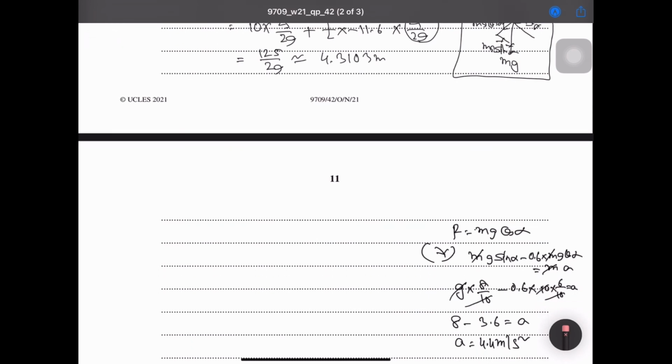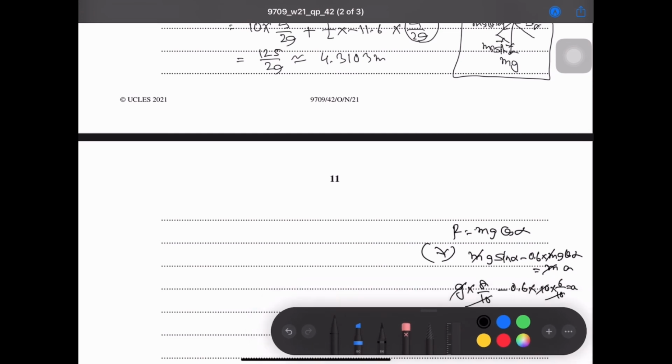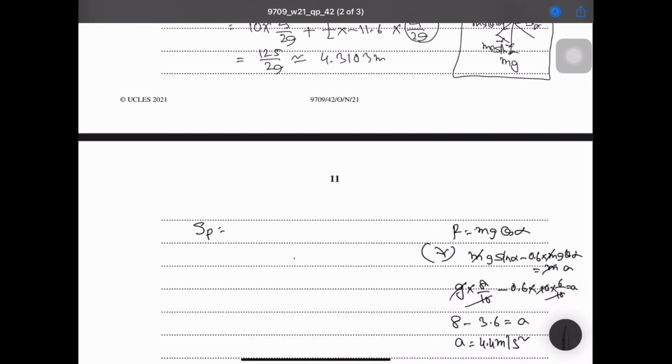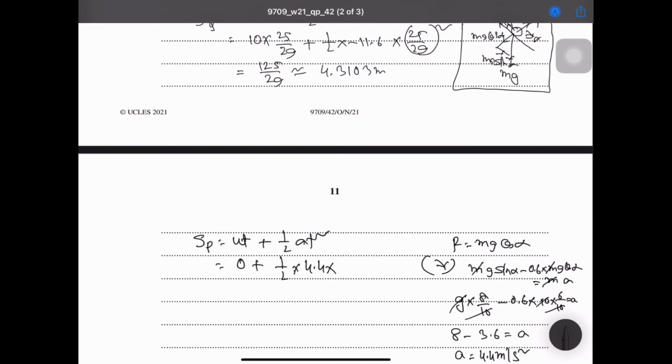So SP equals ut plus half at square. It's starting from rest, so u is 0, t is given, so this part will be 0. Half, its acceleration is 4.4 and time is 25 by 29 squared.